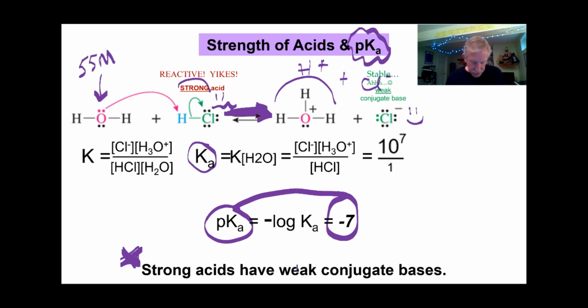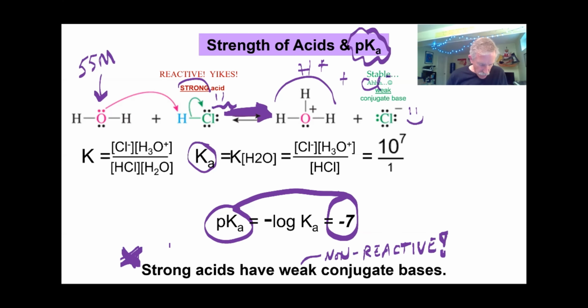So think of weak as non-reactive, and strong as ouch. Painful, wants to react. HCl will hurt you, for example, if you put your hand in a beaker of concentrated HCl. Don't ever do that.